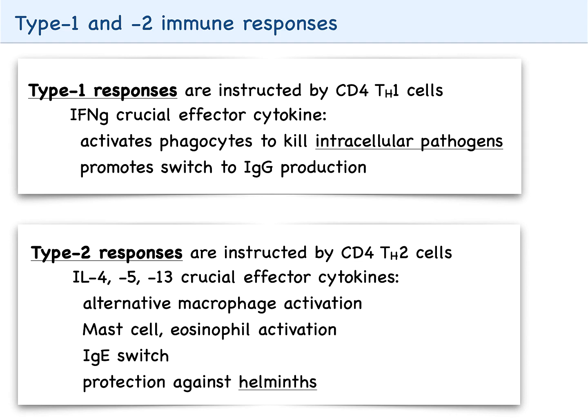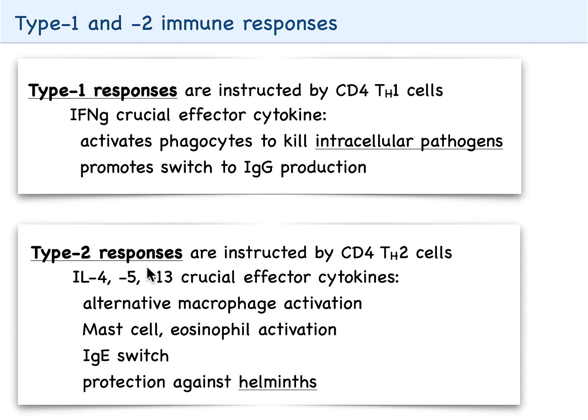Remember the type 1 and type 2 immune responses. This is a very important dichotomy in cellular immunology. Type 1 responses are instructed by CD4 Th1 cells. Interferon gamma is a crucial effector cytokine because it activates phagocytes to kill intracellular pathogens, and it promotes the switch to IgG production.